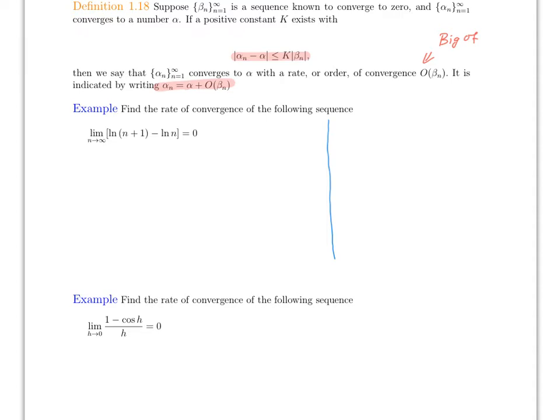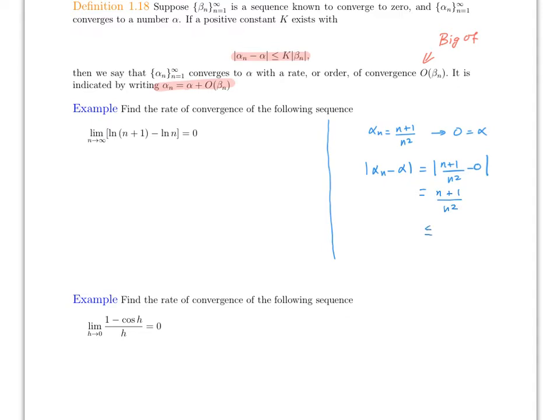So let's say that we have alpha n, and this is one of the examples in the book, equal to this. Clearly you can see that this converges to 0. So then this will be alpha. Therefore, if we take the absolute value of alpha n minus alpha, this gives you n plus 1 over n squared minus 0. Since n is positive, this is the same thing as n plus 1 over n squared.